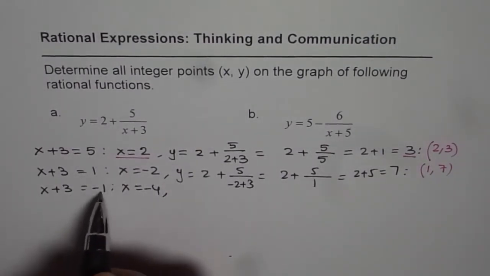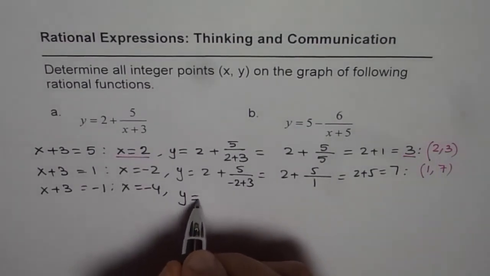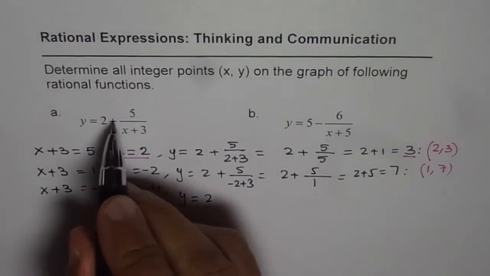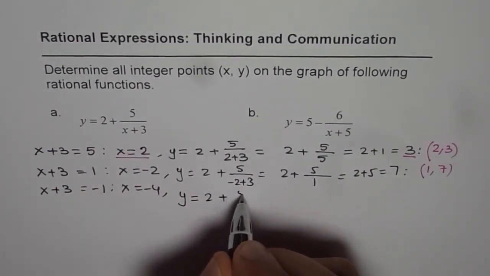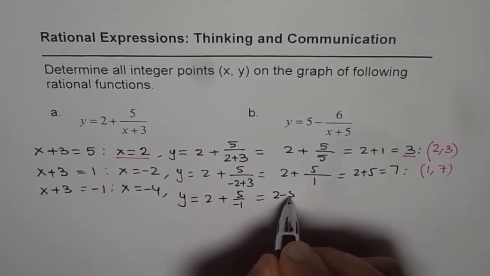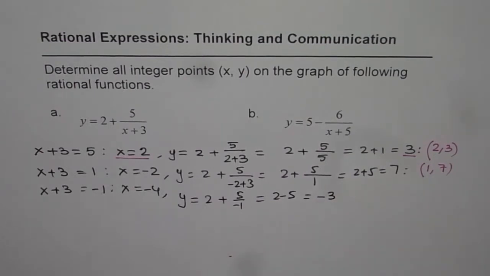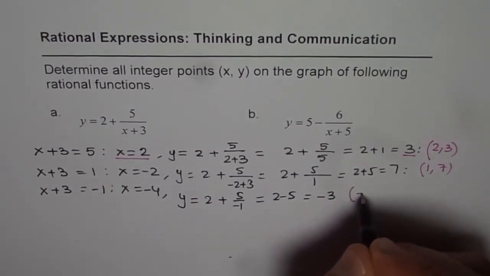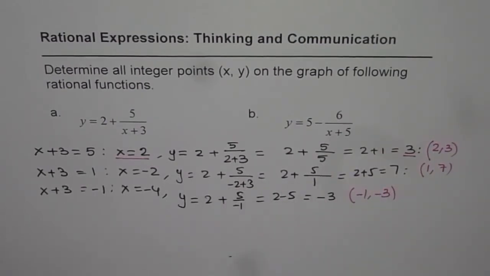We know x plus 3 is minus 1, so y equals 2 plus 5 divided by minus 1, which is 2 minus 5, which equals minus 3, right? And therefore the point for us is (minus 4, minus 3). I kind of reduced a few steps, right?